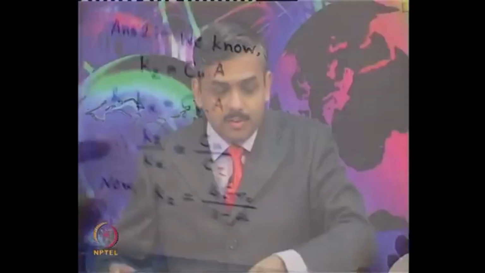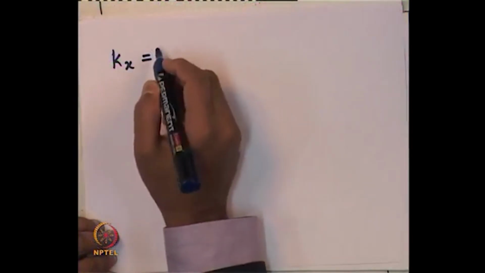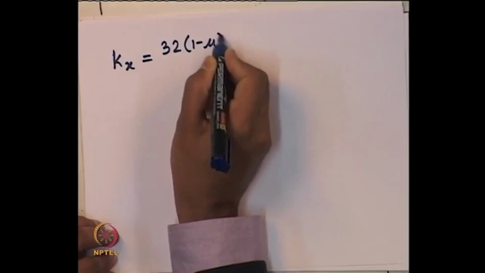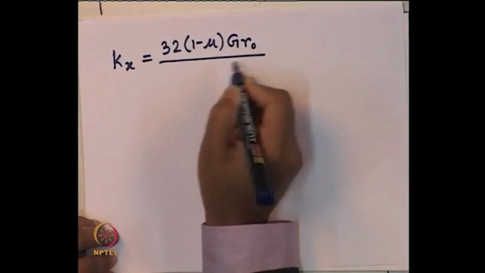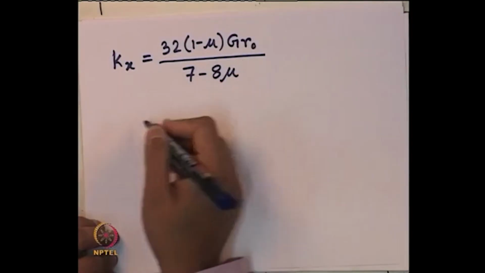Similarly, let us see what the expression is for the parameter K x. Now, K x can be written as 32 times 1 minus mu, G r naught by 7 minus 8 mu.